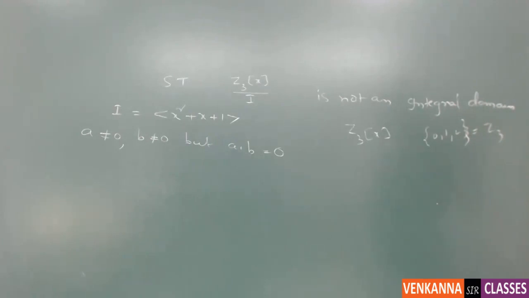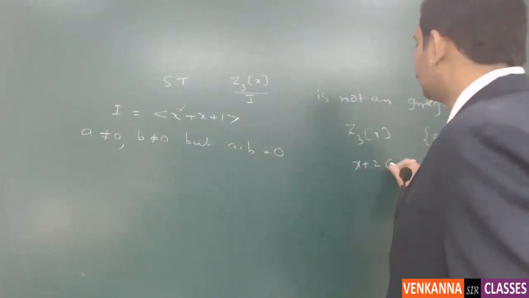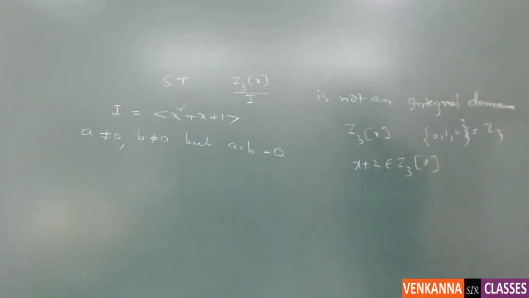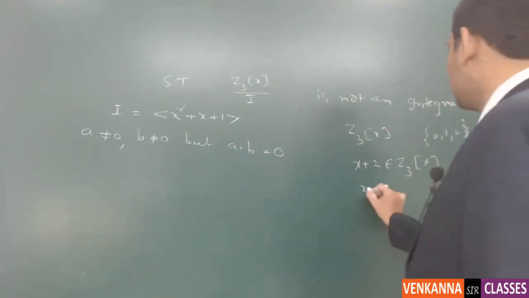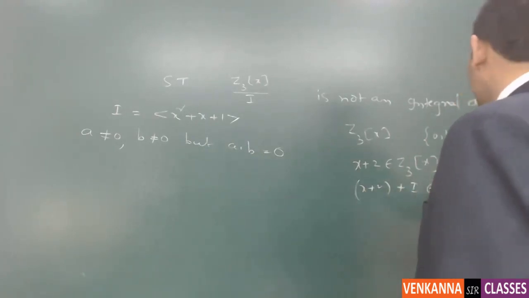Whatever polynomial you write, the coefficient must have the value 0 or 1 or 2. Now I consider the polynomial x plus 2 belonging to Z3[x]. So as per the quotient ring definition, x plus 2 plus I belongs to the quotient ring.